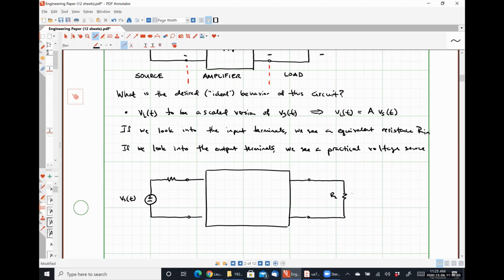Here's RL, here's VL of t, here's Vout, here's Vin, here's RS. So none of this stuff has changed.